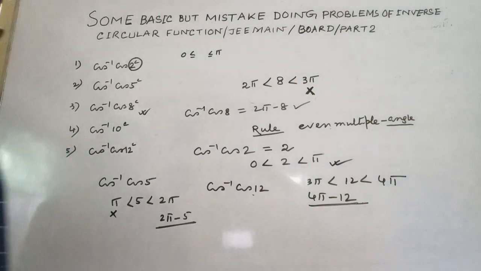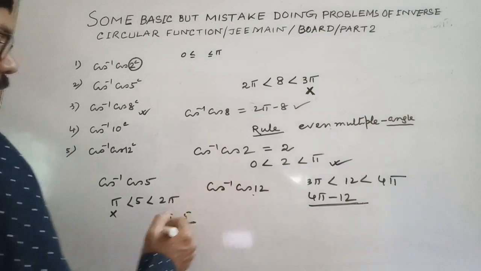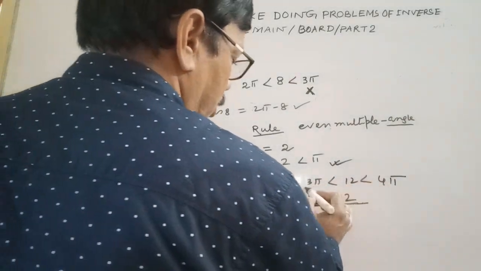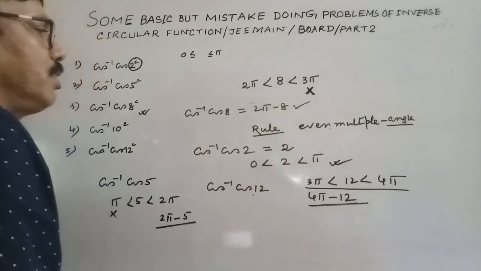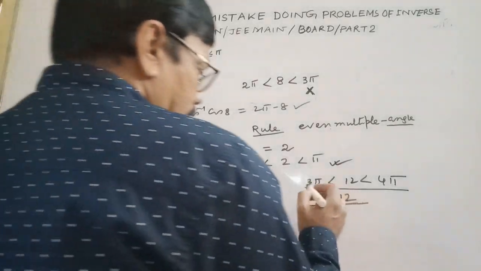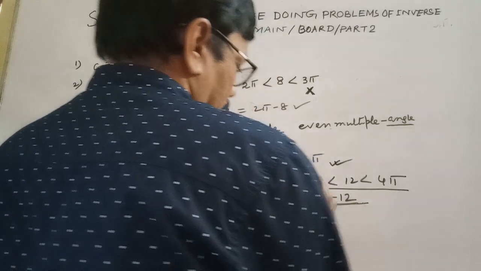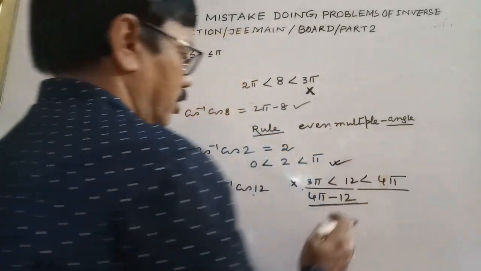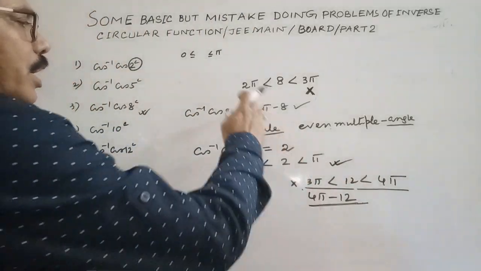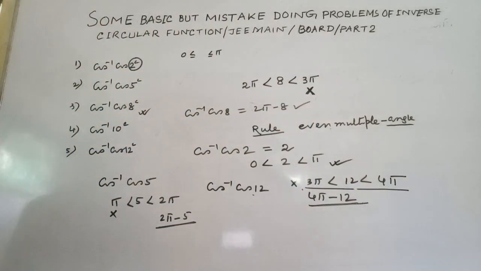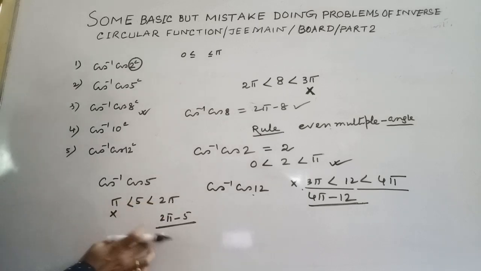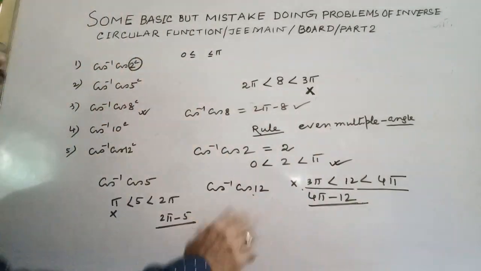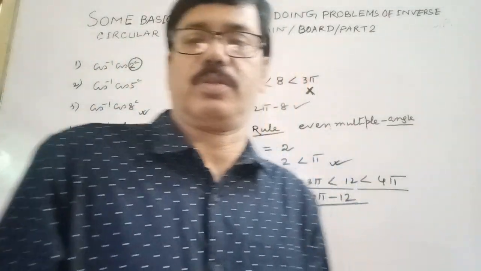So look, for example, cos inverse cos 12. 12 radian lies between 3 pi and 4 pi. What is our rule? Cancel the odd multiple of pi. Then the answer will be even multiple minus angle. So 4 pi minus 12. Here 2 pi minus 12. Here 2 pi minus 5. These are most important in the board exam also.